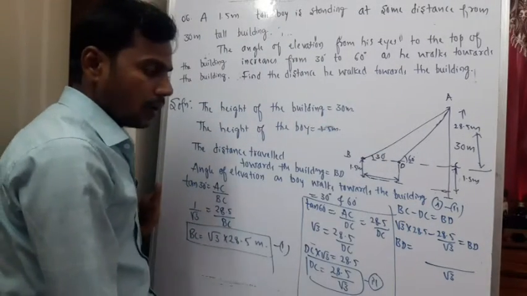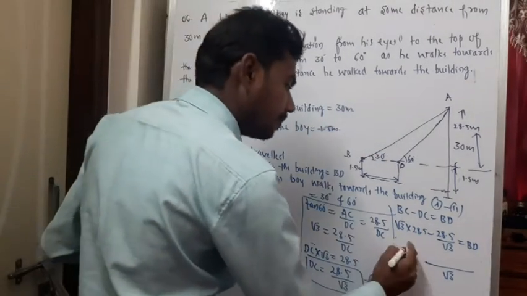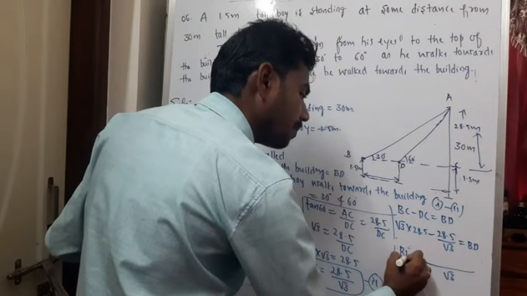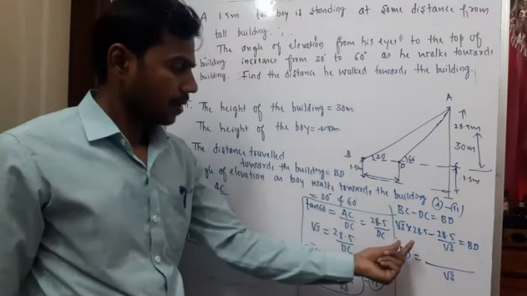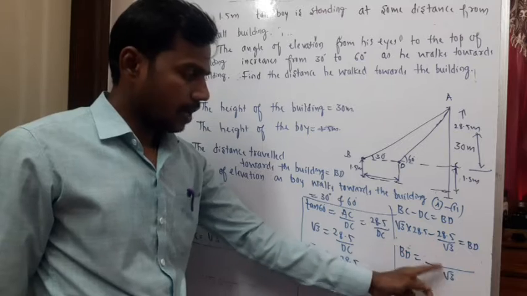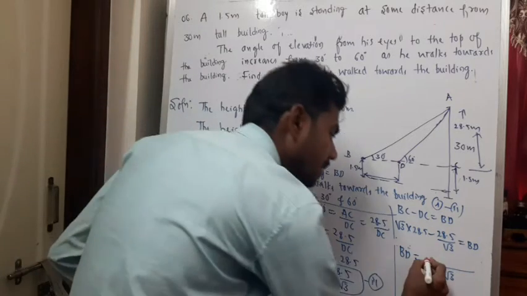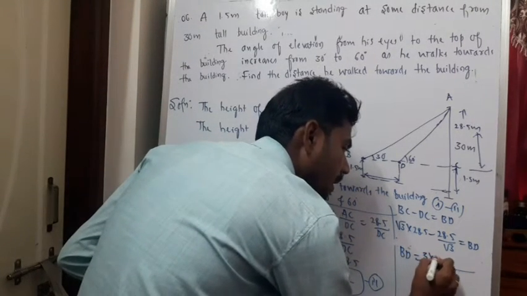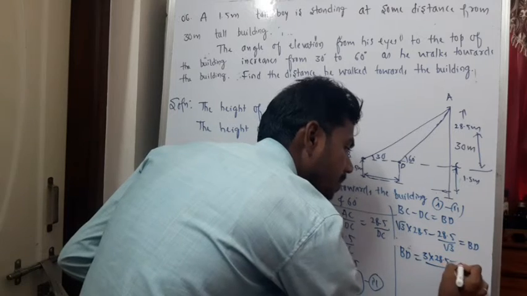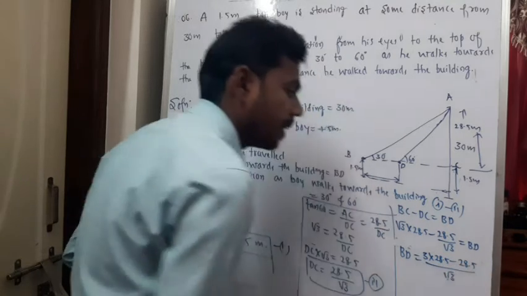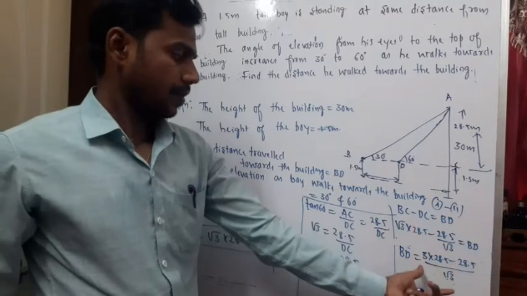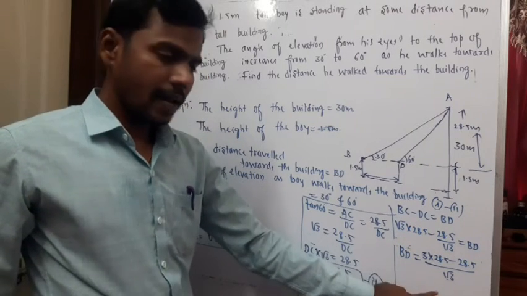Fine. Root 3 is the LCM. Now, nothing is there means 1 into root 3. Root 3 into root 3 is nothing but 3 into 28.5 minus 28.5. Any confusion here? See, root 3 is there. Root 3 is the LCM.